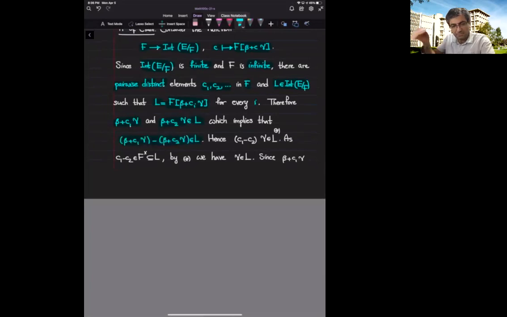But the difference, betas cancel out. I get C1 minus C2, which is a non-zero element of F. And so it's a unit inside F, times gamma.